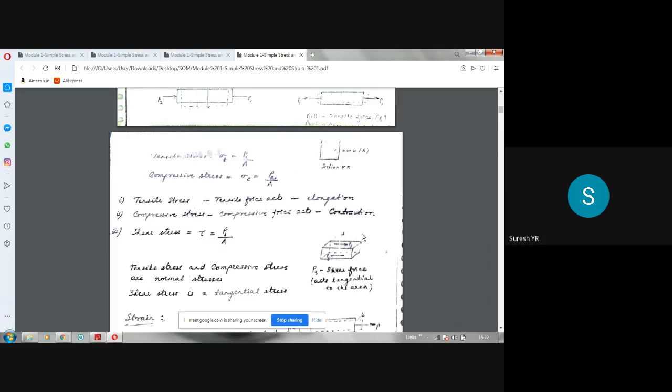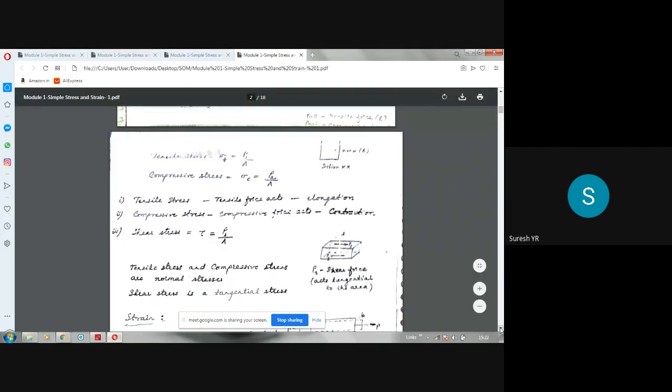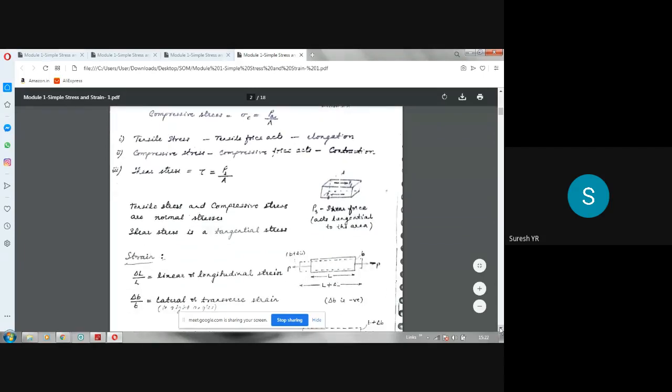That is perpendicular to this, tensile or compressive, we have one more stress called shear stress. It will act like this. Suppose you take the top area here, shear stress will always act tangential to that area. So once again, that force divided by the area of that plane surface gives the shear stress.